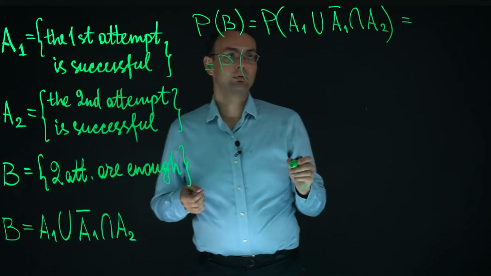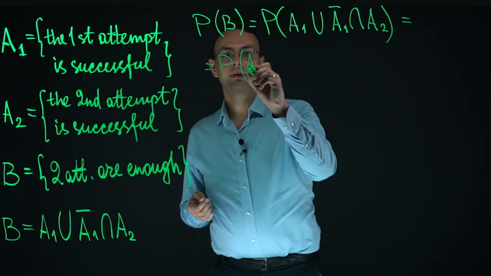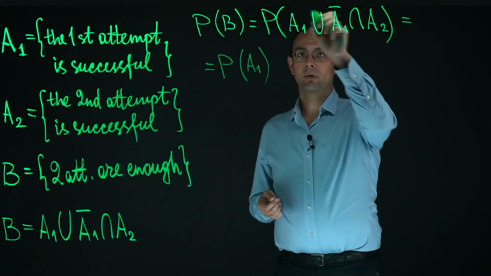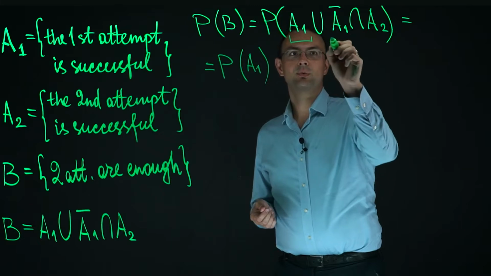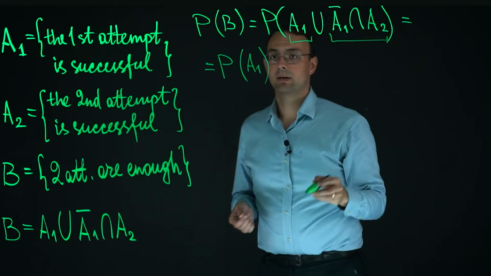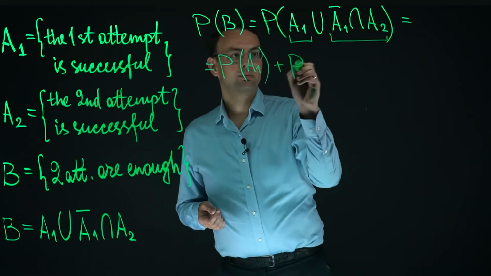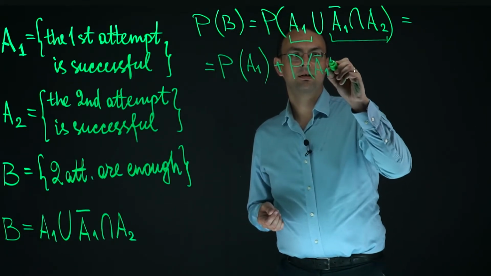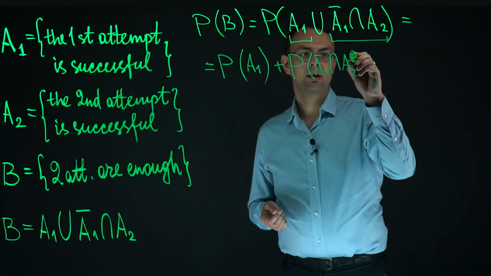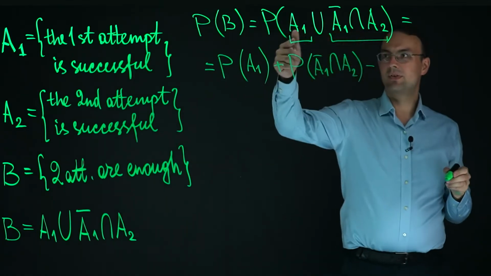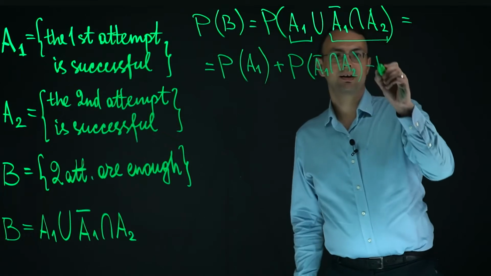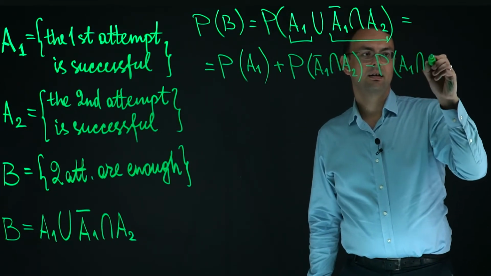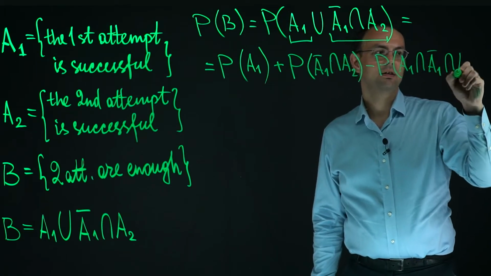According to the addition rule, this is P of A1. So I have union of two events. This is the first one and this is the second one. So plus probability of the second one, not A1 intersection A2, minus probability of the intersection of the first one and the second one. So intersection of A1, not A1 and A2.